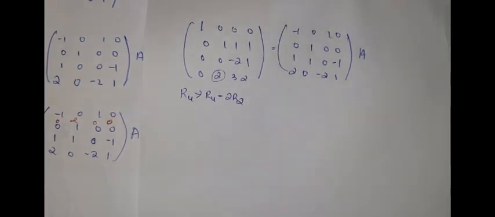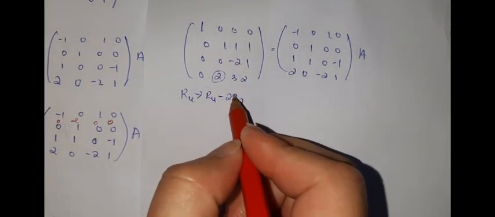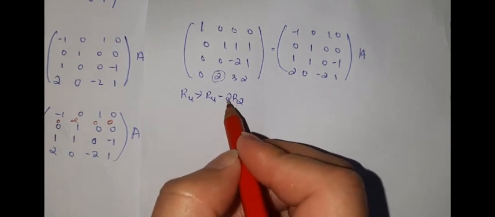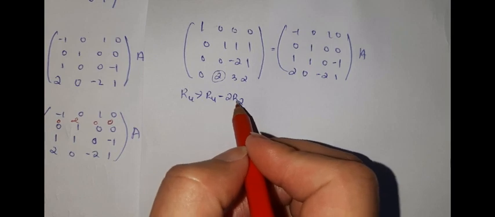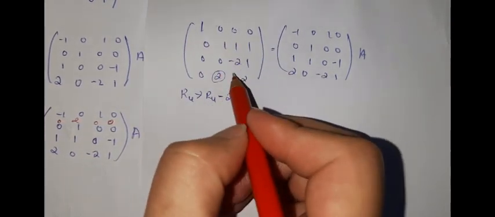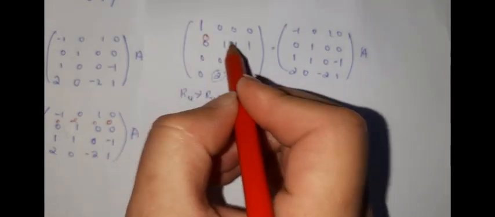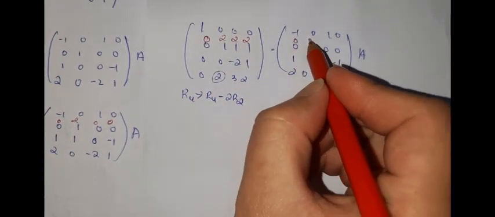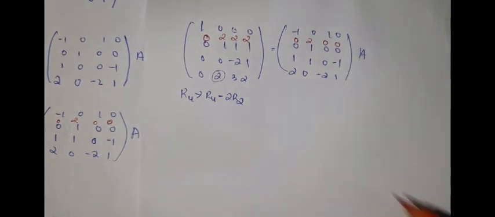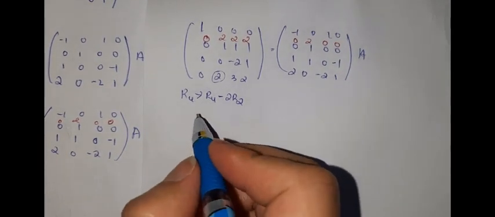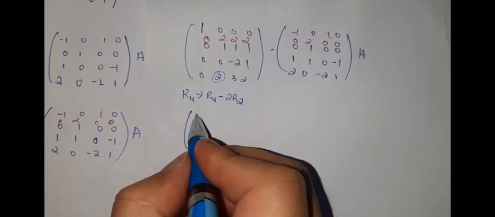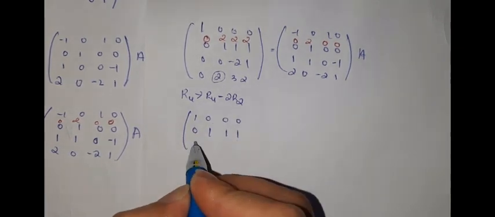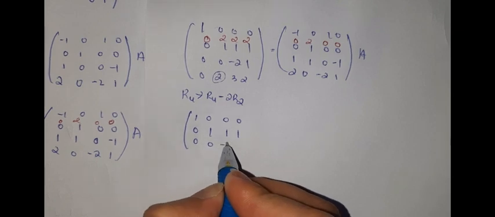Once again, whenever this kind of thing comes, you multiply r2 with 2: 2 0s are 0, 2 1s are 2, 2 1s are 2, 2 1s are 2. Same here: 0, 2 1s are 2, 2 0s are 0, 0. So it will become much easier, plus there will be no mistakes. 1 0 0 0, 0 1 0 0, minus 2, 1.